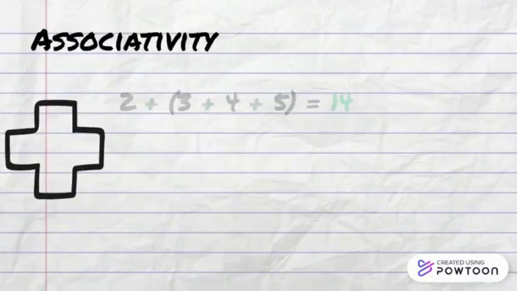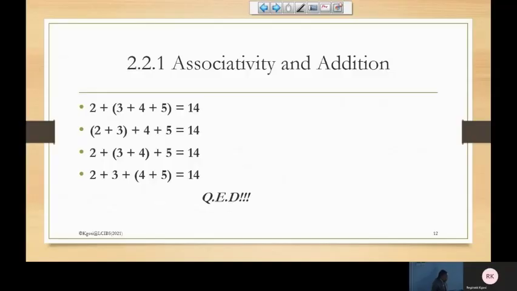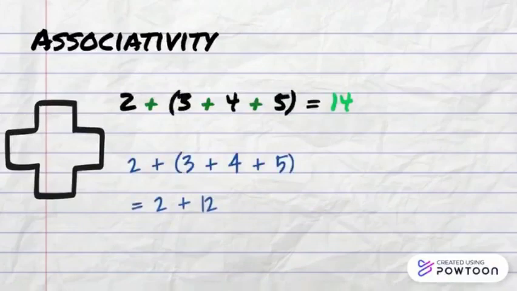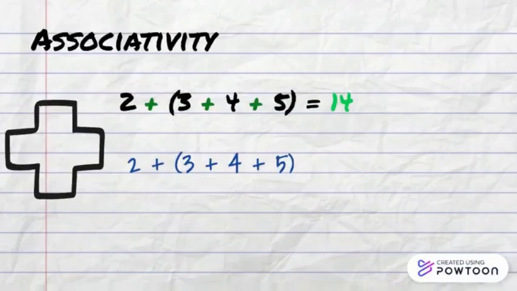So what this means is that you do the 3 plus 4 plus 5 first, because they are associated, they're put there together. By the PEMDAS or BODMAS rule, you do the 3 plus 4 plus 5 first, which is 12. So you'll then have 2 plus 12, which is 14.